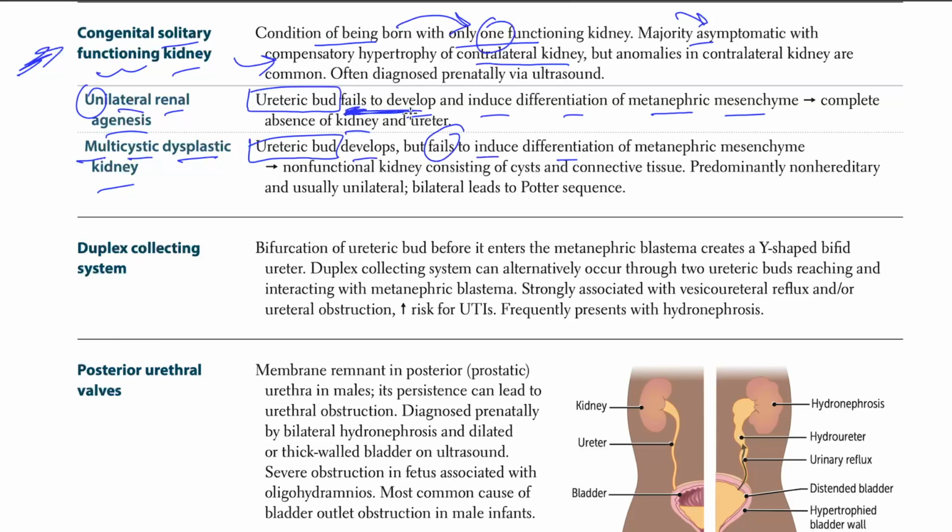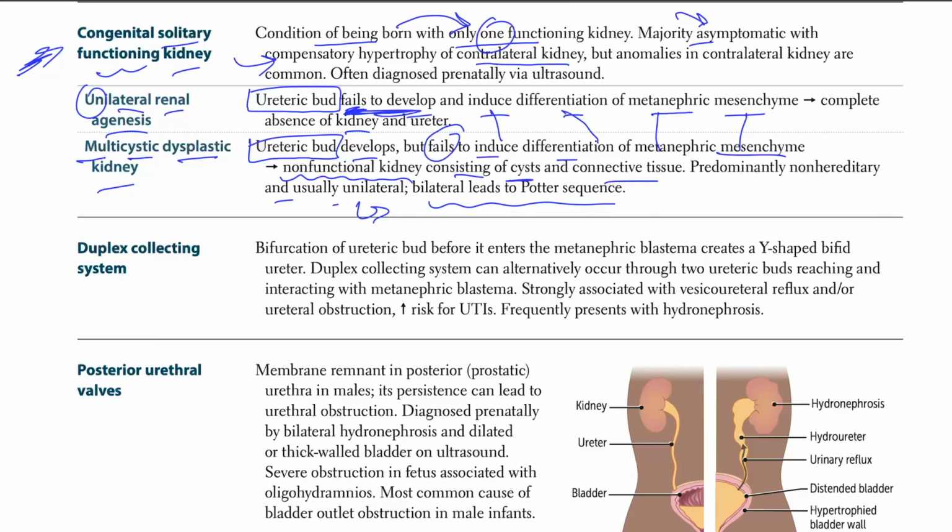This leads to a non-functional kidney consisting of cysts and connective tissue, predominantly non-hereditary and usually unilateral. Bilateral leads to the Potter sequence, because if it is unilateral, you're not going to form Potter sequence because one kidney is working, so you're not going to see it. But if you have two kidneys which are not working, then you will see Potter sequence.